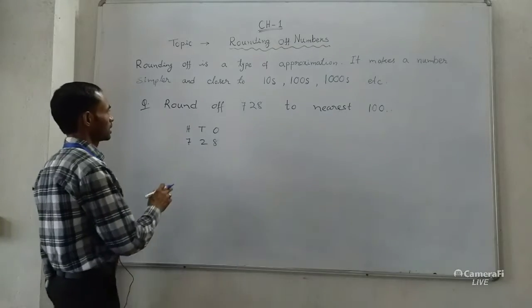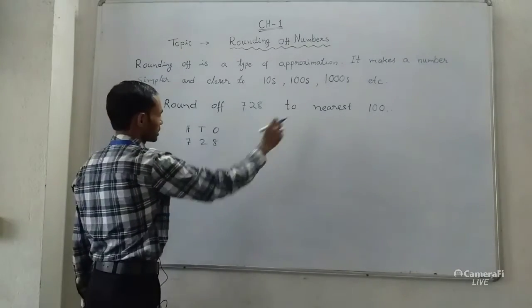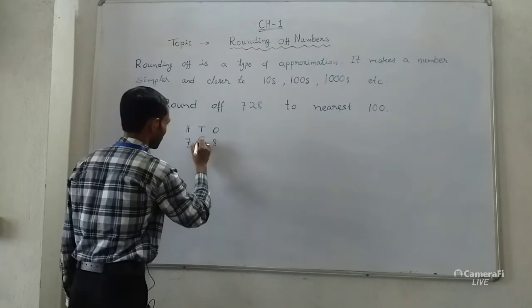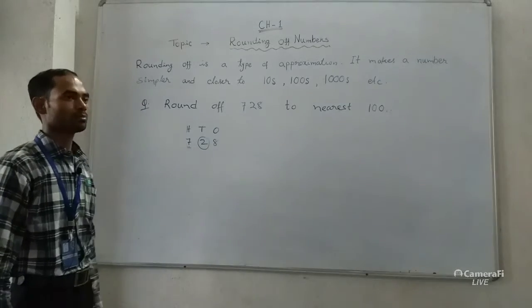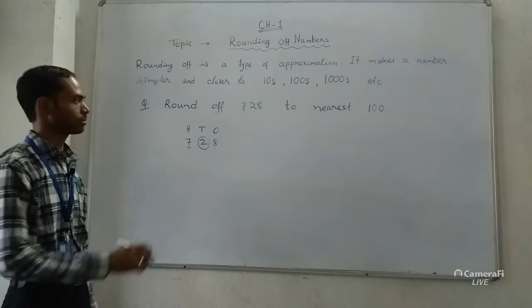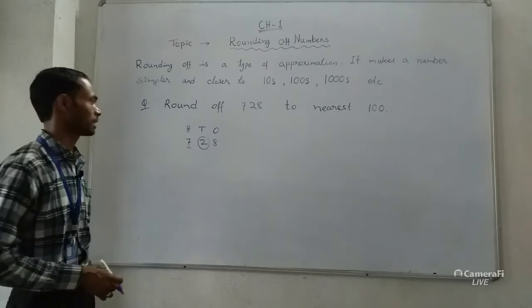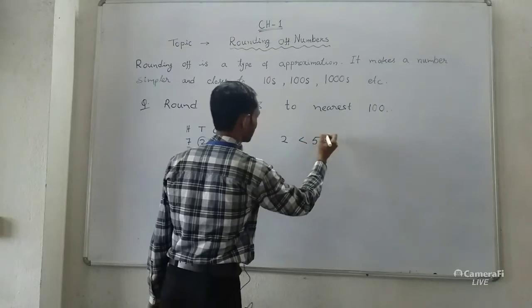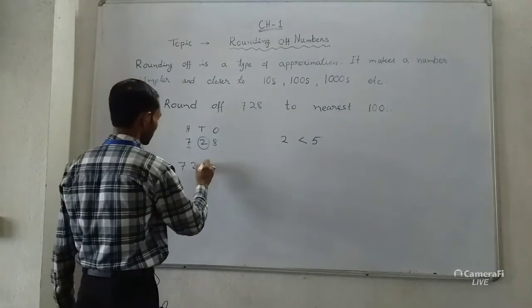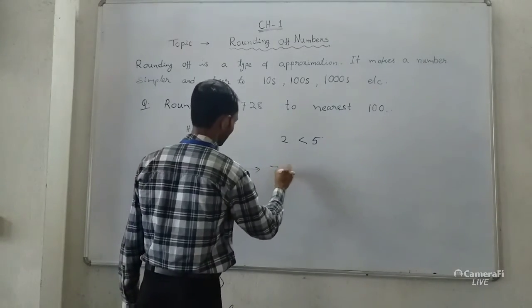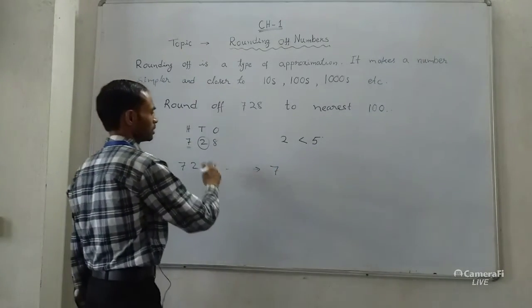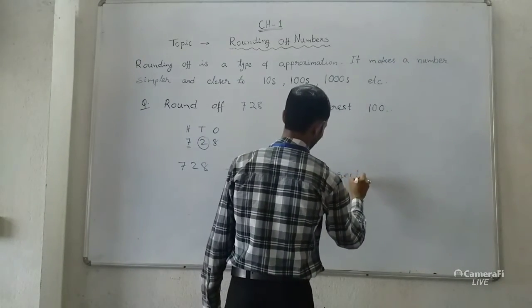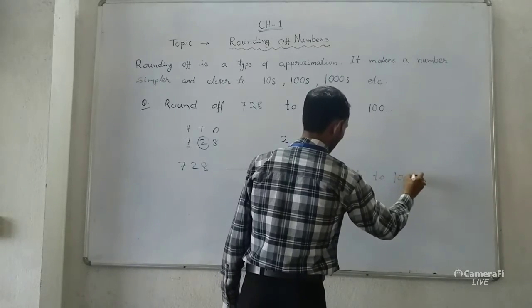We check the tens place digit, which is 2, and proceed the same way as we did for rounding to the nearest 10. As the tens place digit 2 is less than 5, the hundreds place digit remains the same and the other two digits become 0. Nearest 100.